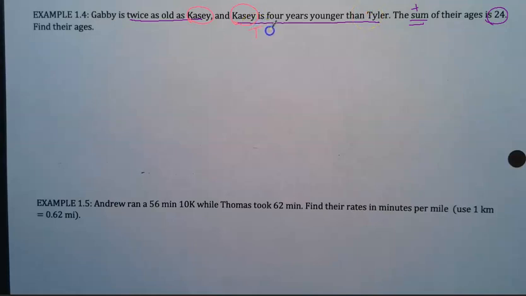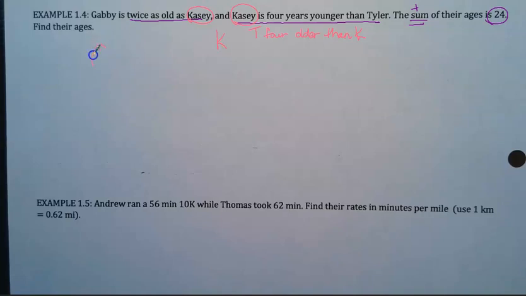We might say Tyler is 4 older than Casey. Okay, we might change it so it's easier to see how they're in terms of Casey. So what that means is that K is going to be our variable for Casey's age, okay?